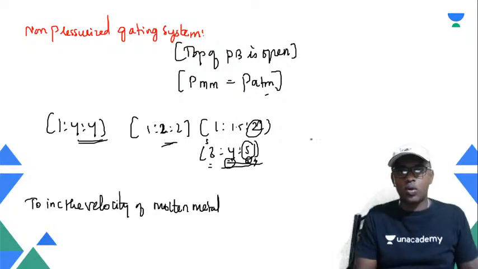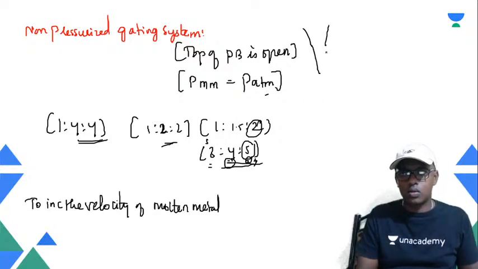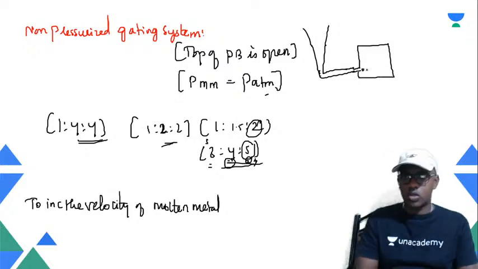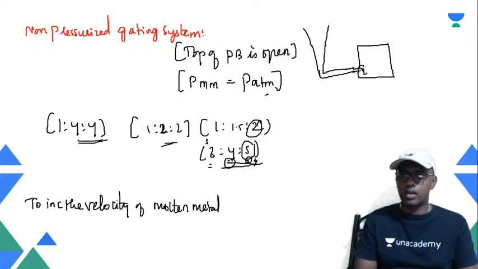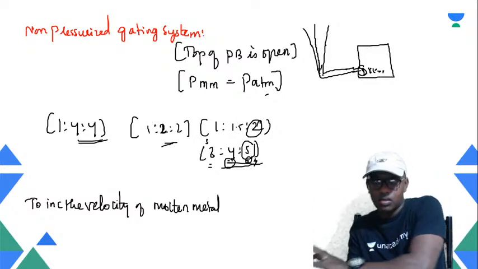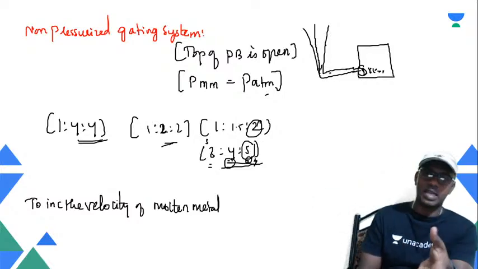Definitely we know the end point when it comes through, just before the cavity, your kinetic energy and everything becomes 0 because it's just pouring in, correct? At this moment there will be a maximum velocity generated for the molten metal. So that influences the mold filling time to be lesser, so it quickly fills up the cavity.